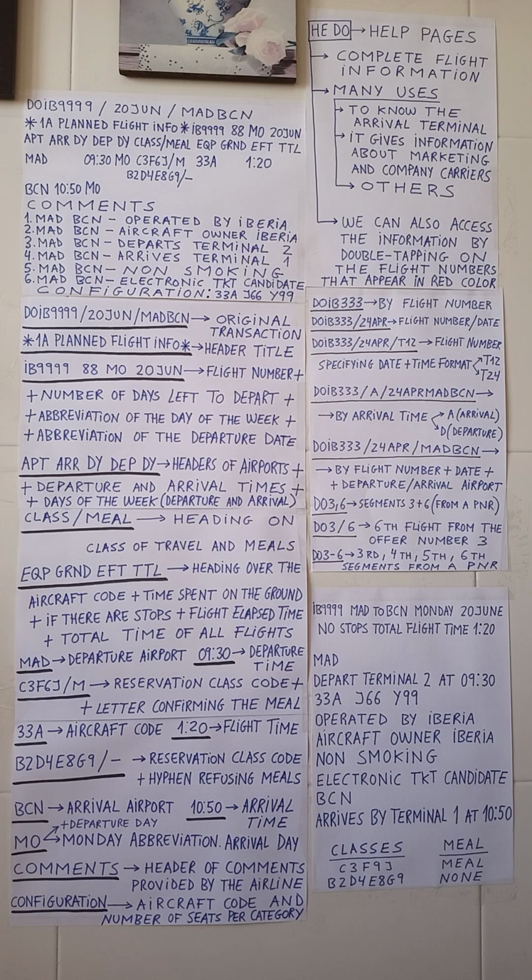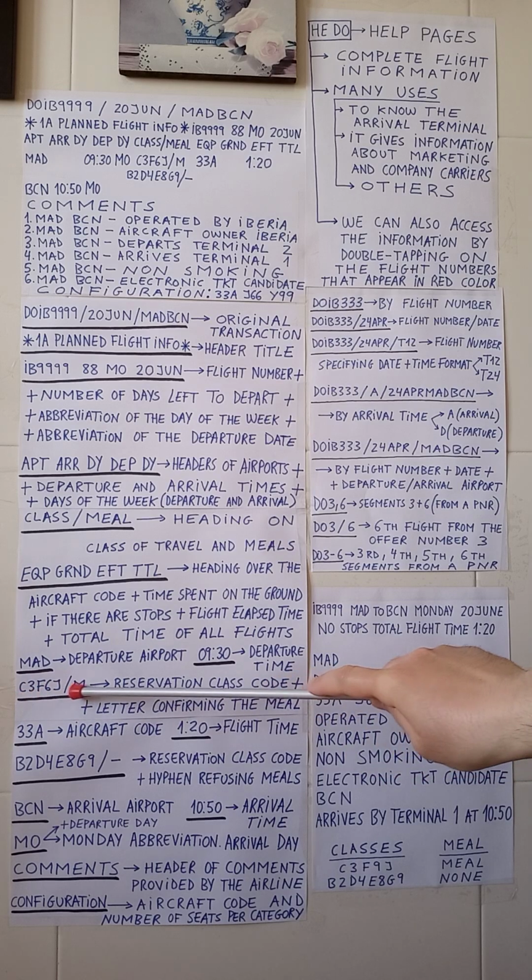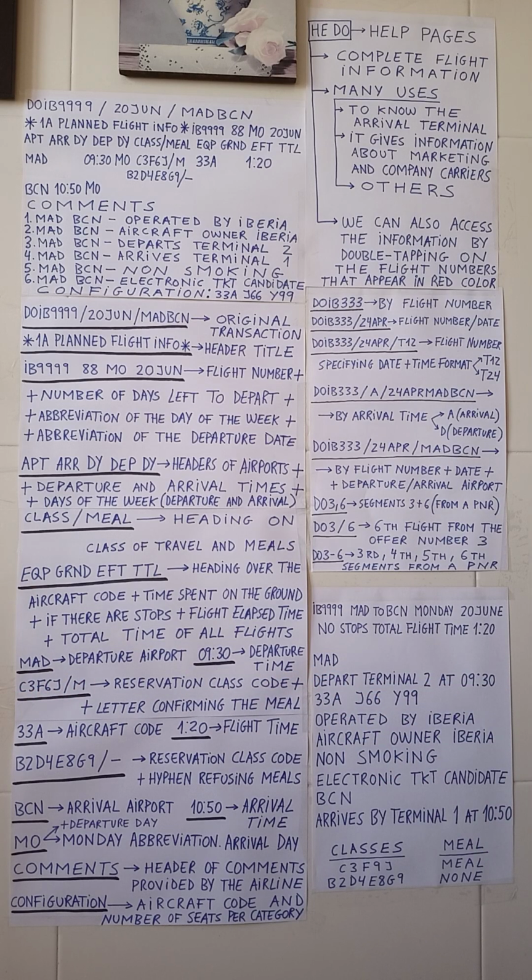MAD is the departure airport code. 9:30 is the departure time. C3F6J/M. Here, the first part, C3F6J, is the code of one of the two classes that exist from Madrid to Barcelona.